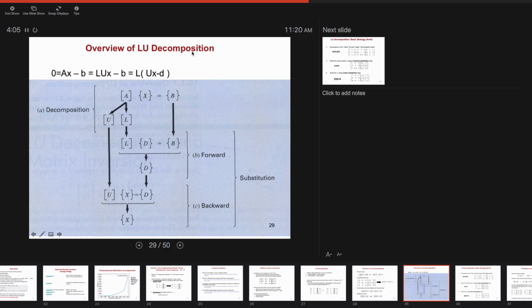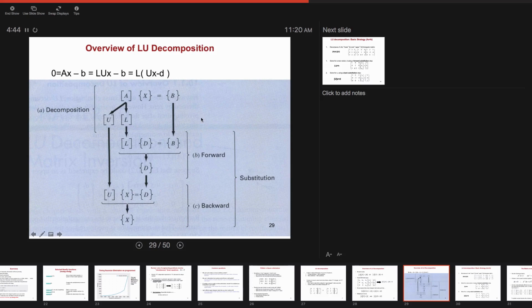If I split my A into L and U, which is really doing forward elimination once, then I'm left with the problem LUX is equal to B. So I'm splitting the problem into the following: LD has to equal B, and UX has to equal D.